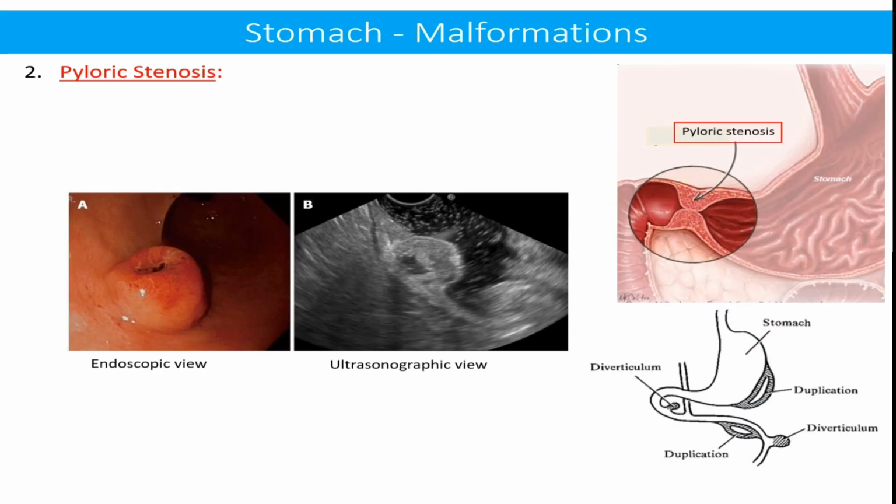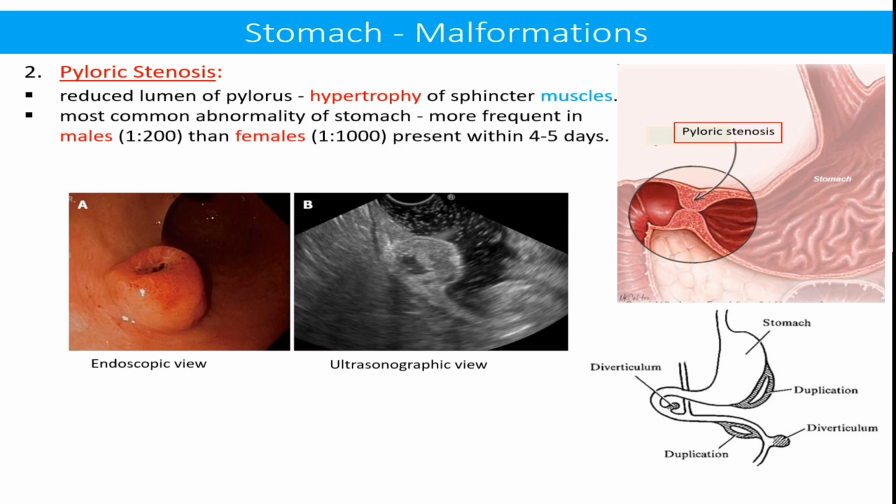Second type of stomach malformation is the pyloric stenosis. This is present as a reduced lumen of the pylorus, which is because of a hypertrophy of the sphincter muscles of the pylorus. This is the most common abnormality of the stomach and is more frequently seen in males than females and presents within 4 to 5 days of postnatal life.